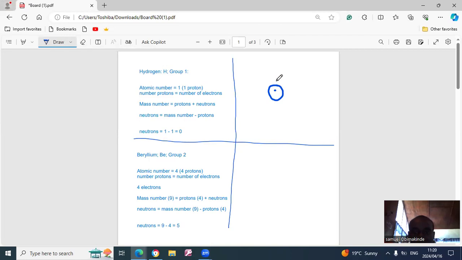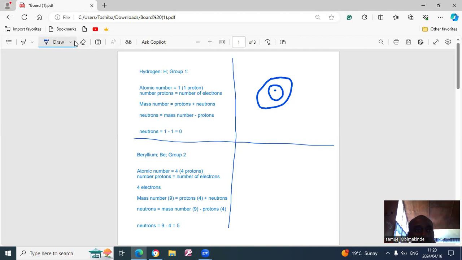And here, you also have one electron. Remember, the number of protons will also be the number of electrons. The electrons move around the nucleus in the form of a cloud. It's not a perfect circle, so we just represent it this way, like a cloud, right?